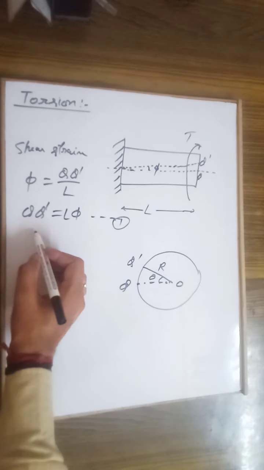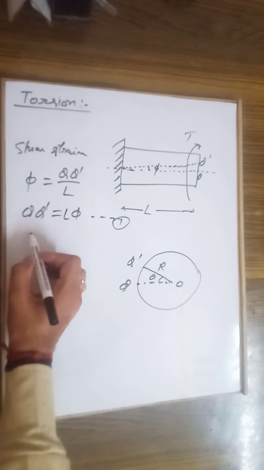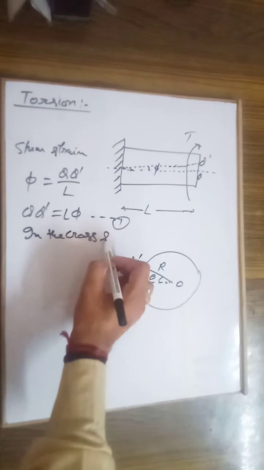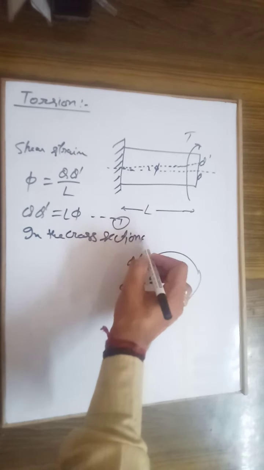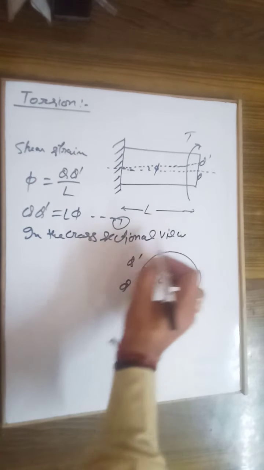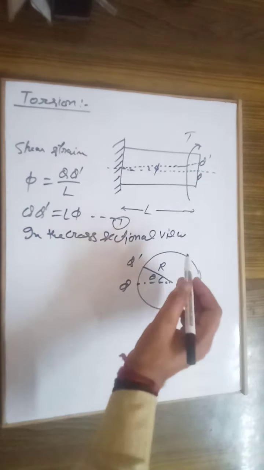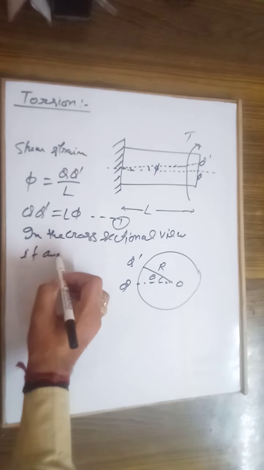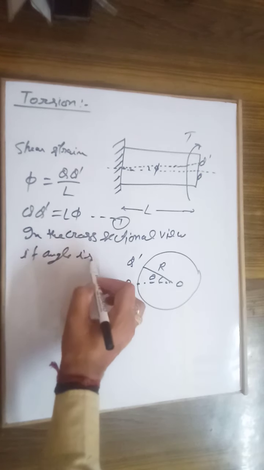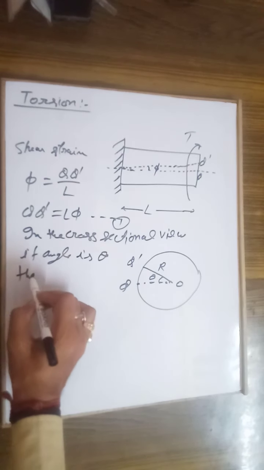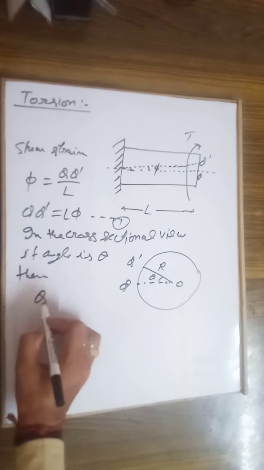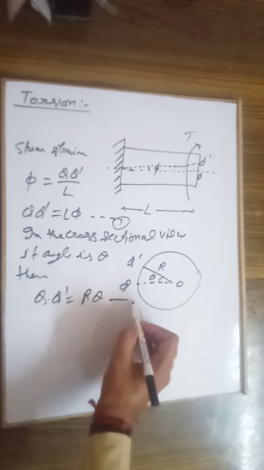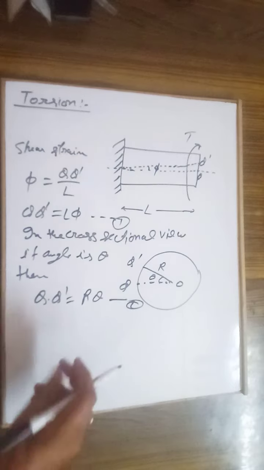In the cross sectional view, if the angle is theta, then q dash equals r theta. Equation number 2.